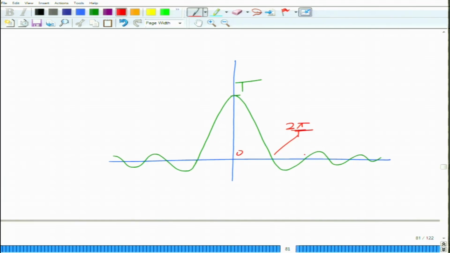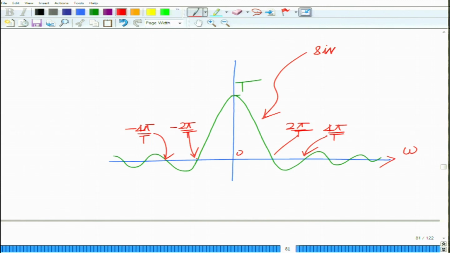So, at 0 it is t, the next zero will be 4 pi by t and so on on the omega axis, and on the other side minus 2 pi by t, minus 4 pi over t and so on. And this is your sinc function, sinc of omega t over 2 pi times t, which is equal to your Pt of omega.